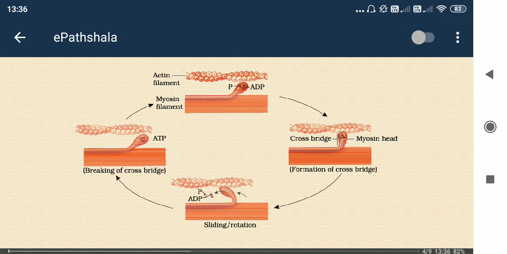First cross bridge formation is done, then sliding, means moving slightly over a layer, or rotation occurs, and then only it is contracted. Breaking the cross bridge means it is relaxing, and then again ATP is released. So ATP is used for ADP production and energy production. After the performance it is released.